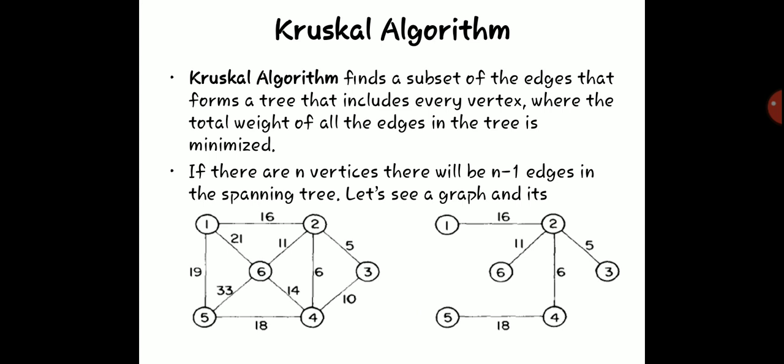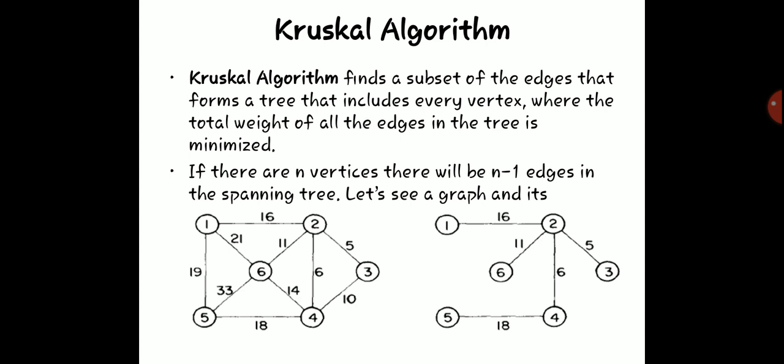What would be the second one? There is an edge of cost 6 between vertices 2 and 4. So first 2, 3, then 2, 4. The next edge would be 10, the edge of cost 10, which connects 3 and 4.